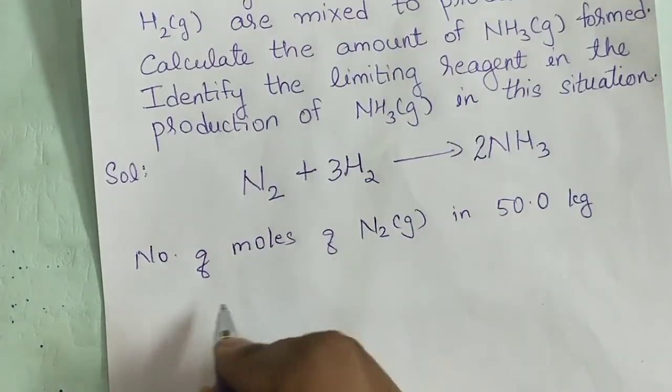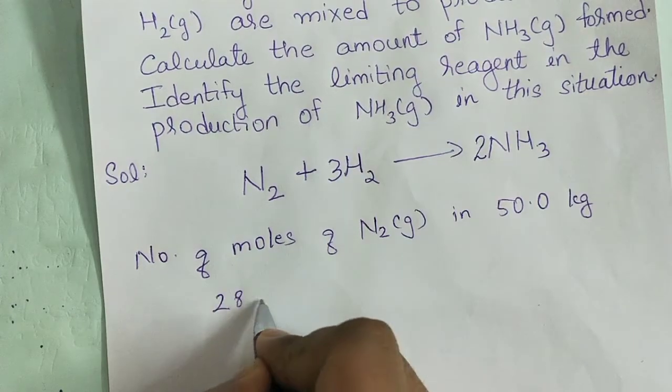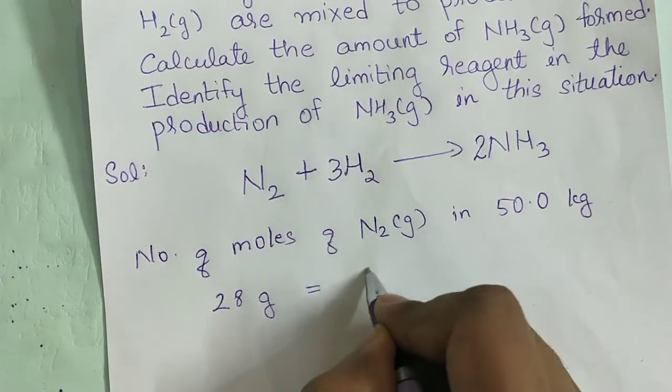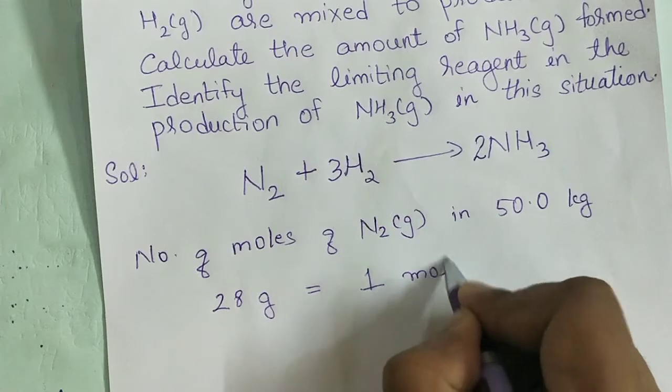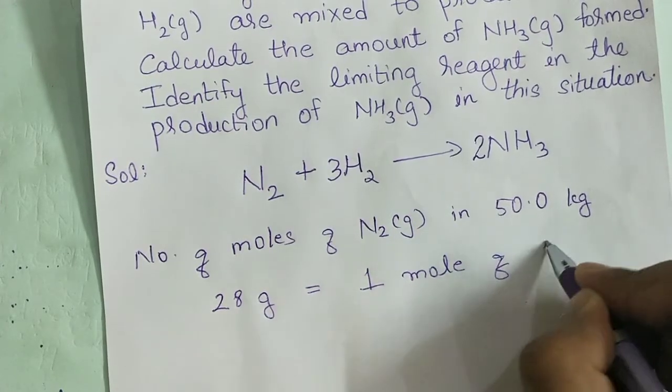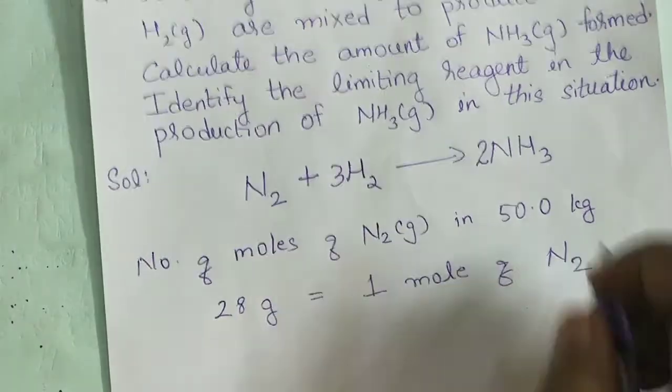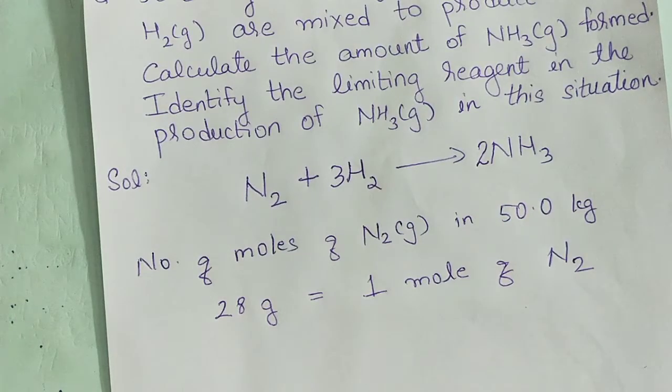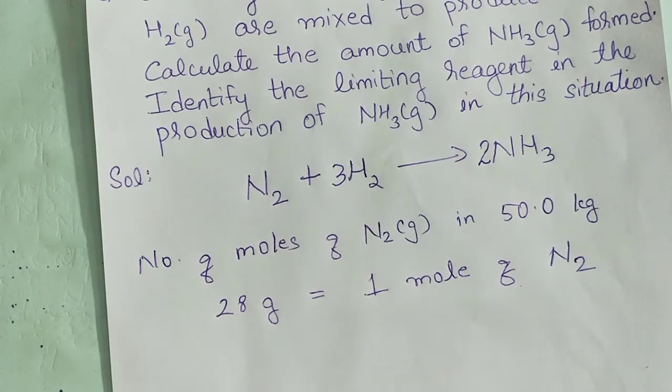Now 28 gram equals 1 mole of N2, because the atomic mass of nitrogen is 14, so if you add it up for N2 it will be 28 gram. So how many moles will be there in 50 kg or 50,000 grams?